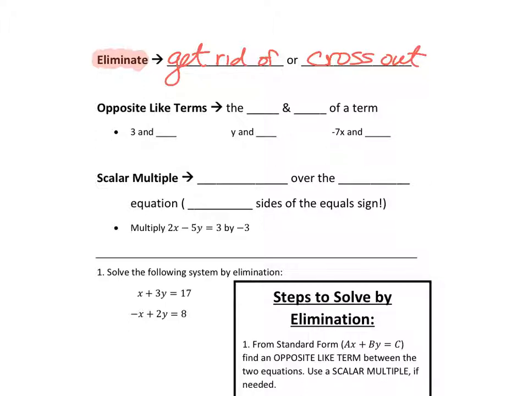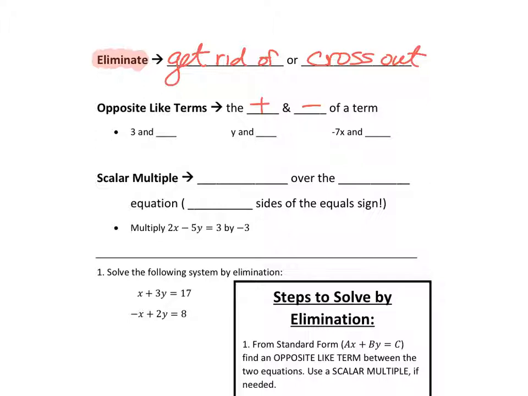Now, we are going to be eliminating variables here, eliminating terms to make our solutions appear for us. To get an elimination problem to happen, what we need to find is called opposite-like terms, which are simply the positive and negative of a term. So whatever you have in front of the x, if you have the opposite, those are called opposite-like terms.